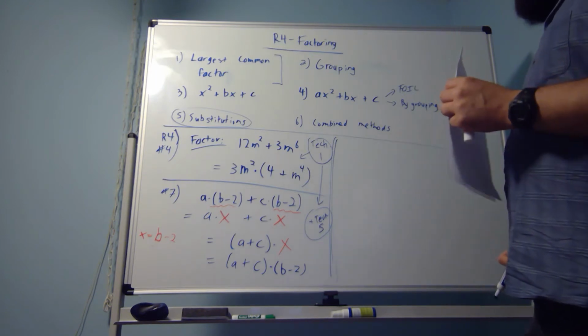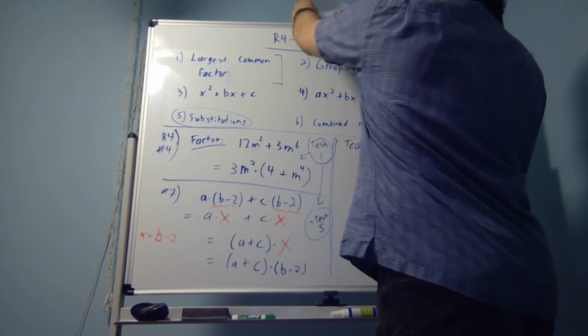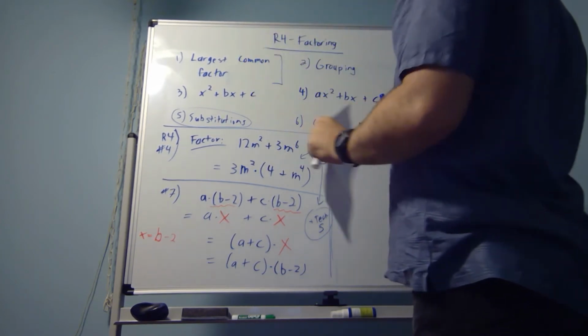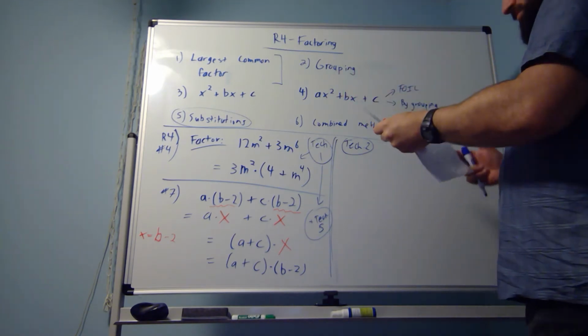And that's what we're doing here. So now, technique number 2. Technique number 2 kind of makes a comeback in something later in this section, technique number 4 that we'll do. But anyways, grouping.